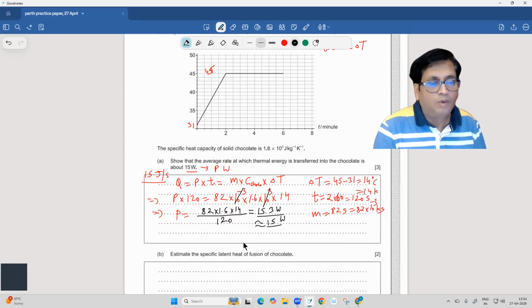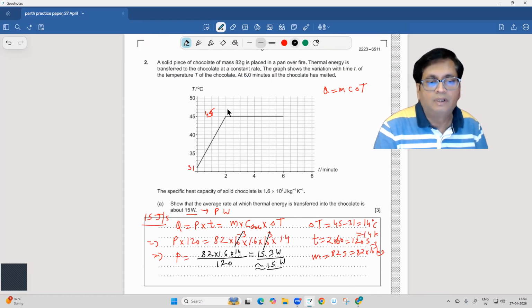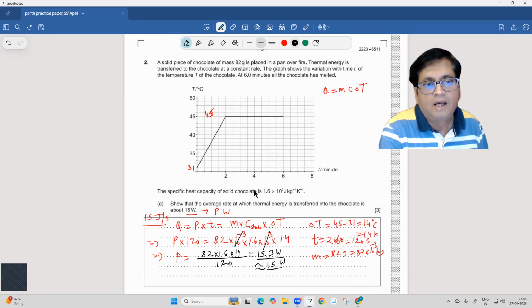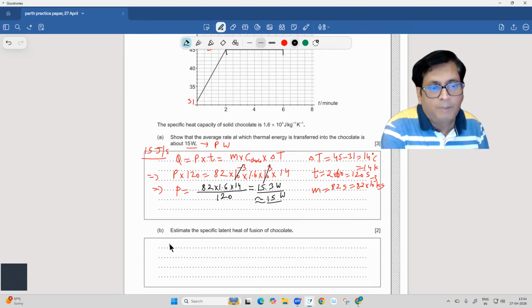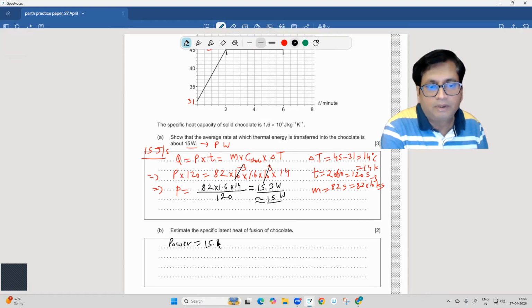Okay. Estimate the specific latent heat of fusion. Now see the latent heat part. How much is the total latent heat supplied? Power we know already. Power is 15.3 watt.